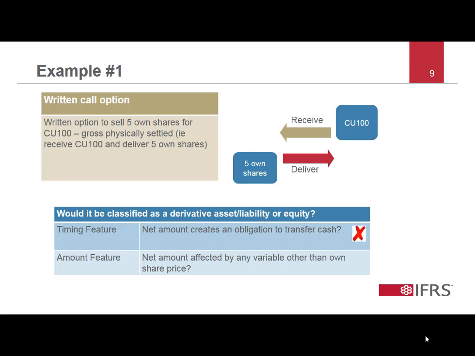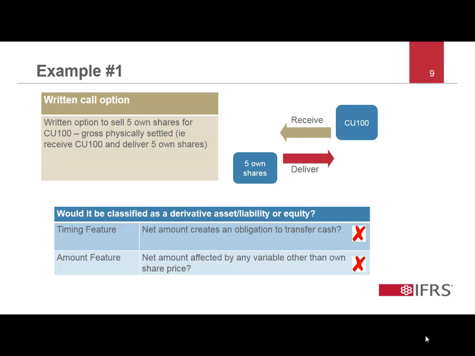2. Whether the net amount is affected by any independent variable, that is, any variable other than own share price. The answer is no. Looking at the asset leg does not introduce a variable that affects the net amount because it is a fixed amount of cash in the entity's functional currency. And since the equity leg is a delivery of a fixed number of ordinary shares of the entity, the amount of the equity leg is determined by the ordinary shares' rights to the pro rata share of the net assets of the entity.